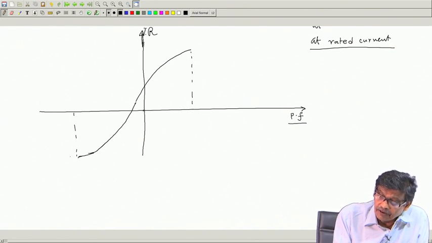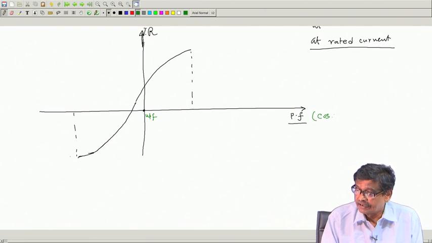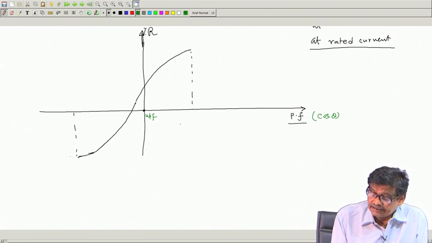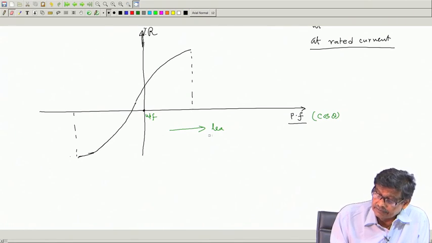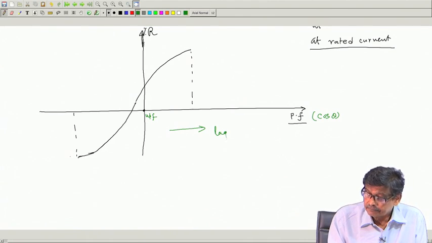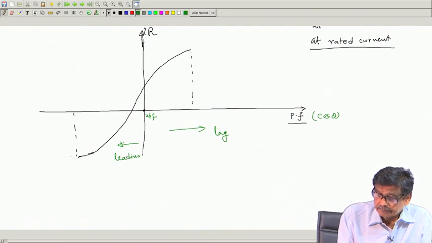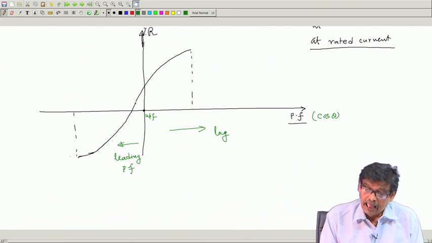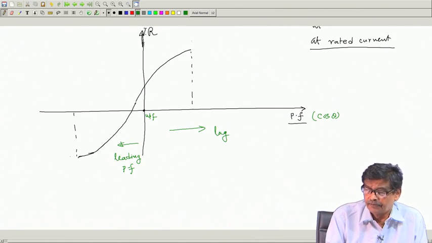Okay. And this point is suppose unity power factor, cos theta, against cos theta I am sketching. This side is lagging power factor, and this side is leading power factor. And this regulation curve I have plotted, for example, at rated current.